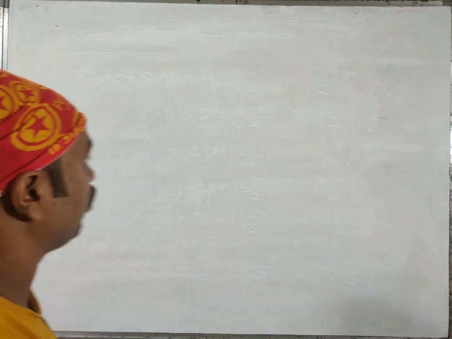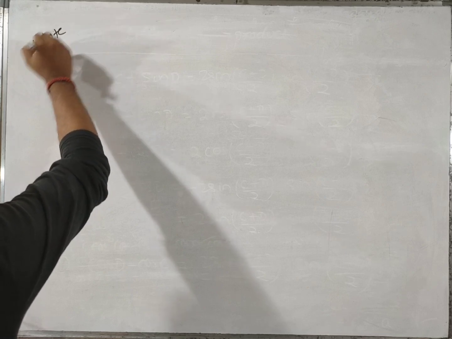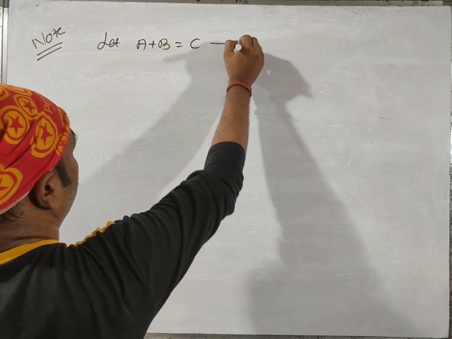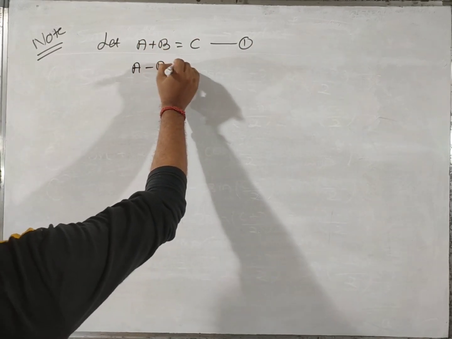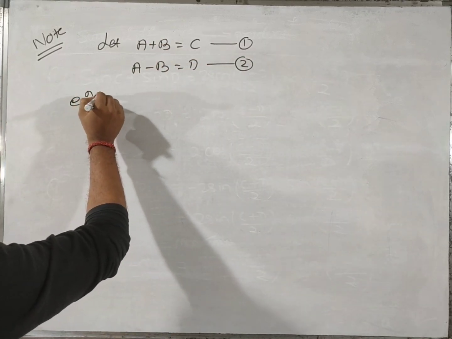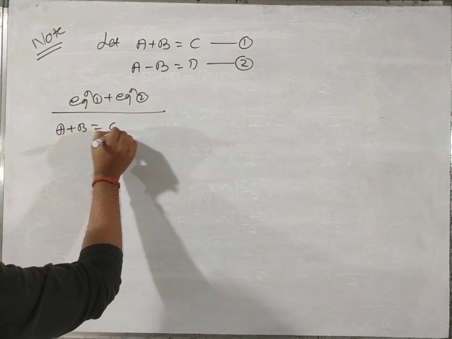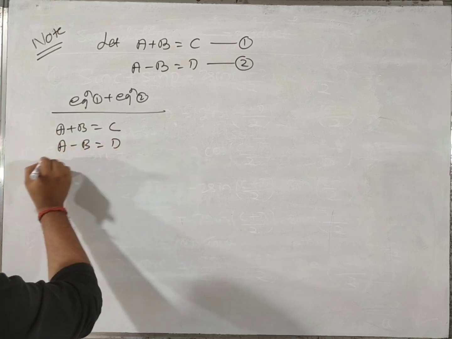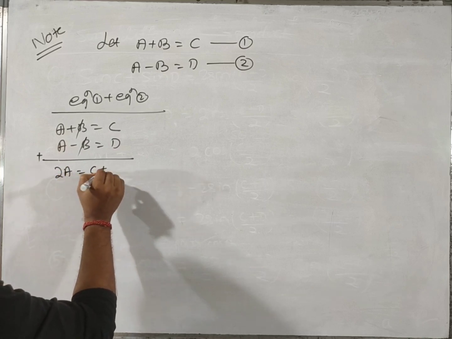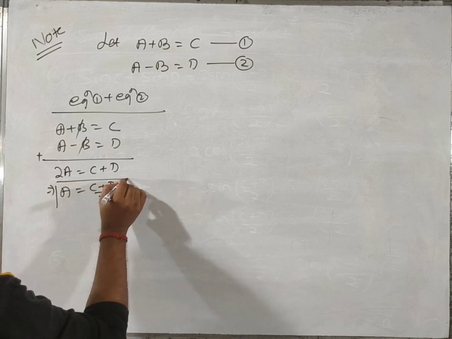Before going to the proof of these formulas, first of all we have to assume, let A plus B is equal to C, equation 1, A minus B is equal to D, equation 2. Adding both equations, we have 2A is equal to C plus D. That implies A is equal to (C plus D) divided by 2.